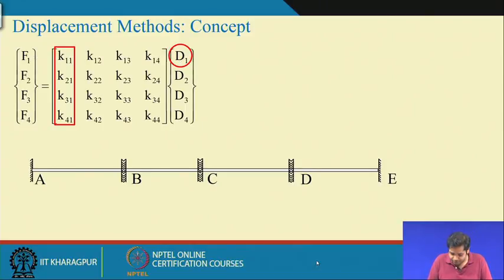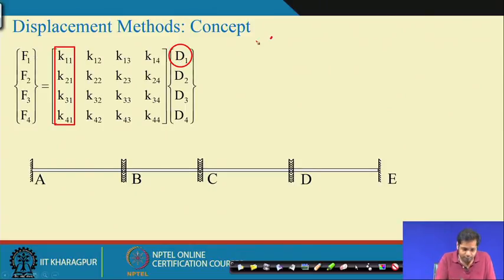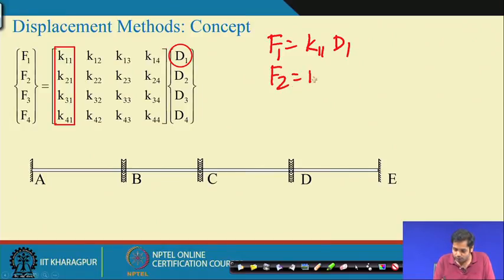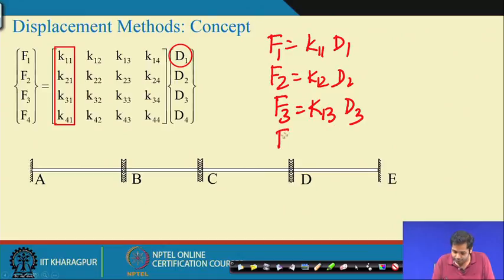So F1 is equal to K11 into D1, F2 is equal to K12 into D2, F3 is equal to K13 D3, and F4 is equal to K14 D4, right.